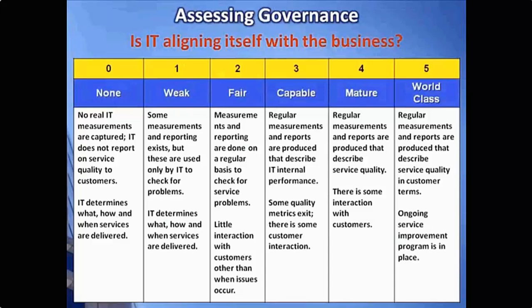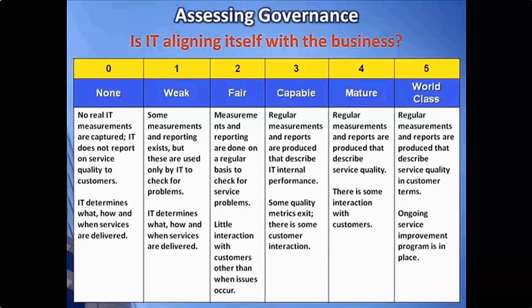So here's a CMMI-like approach for assessing governance. IT practices that produce little or no measurements will probably rate low on this chart. Those that consistently measure their service operational quality will probably rate higher. So if there are really no measurements being taken, IT's not reporting on service quality, maybe IT even determines what services should be provided on behalf of the business, that's probably good for a 0 on this scale.